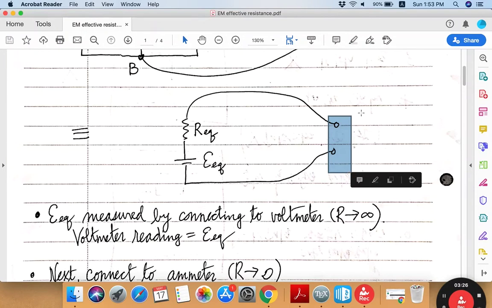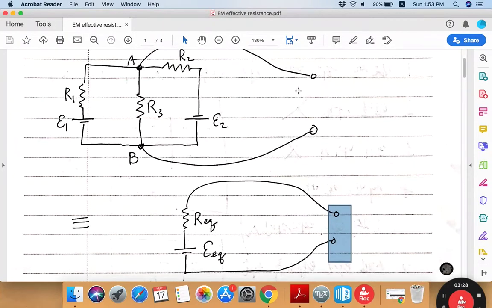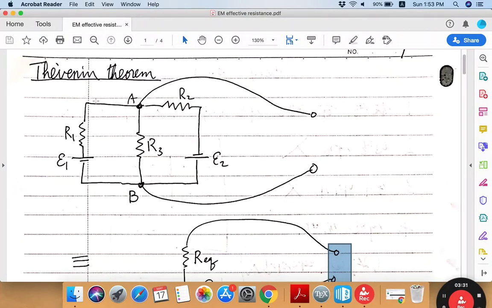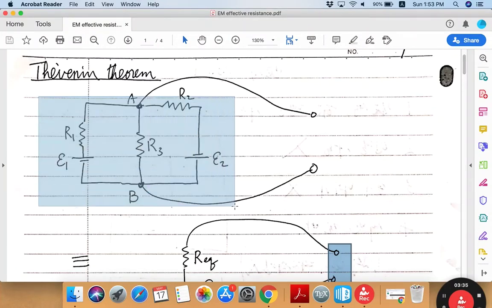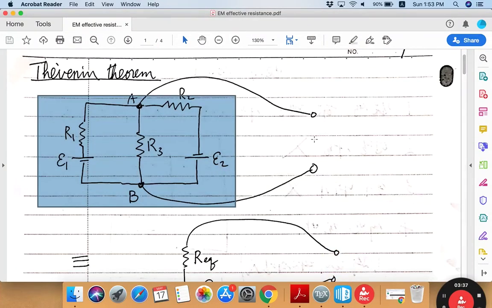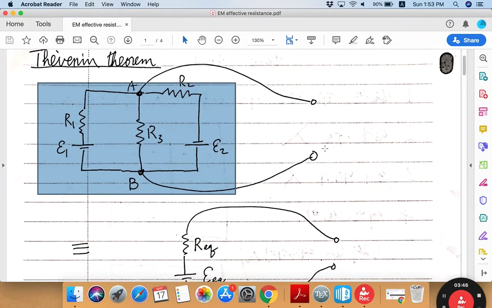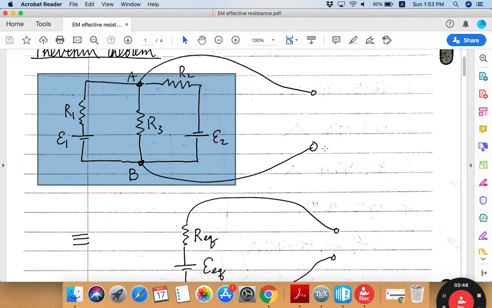So basically you're hooking up this existing resistor network to yet another resistor, which has an extremely large resistance value. When the resistance is extremely large, of course, there's very little current flowing through it. Effectively, zero current flows through it.